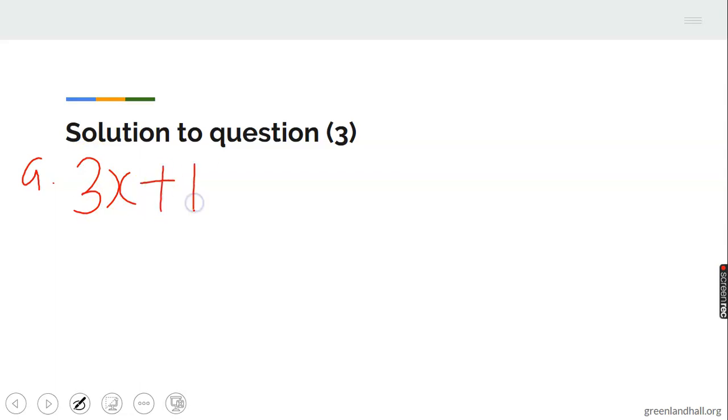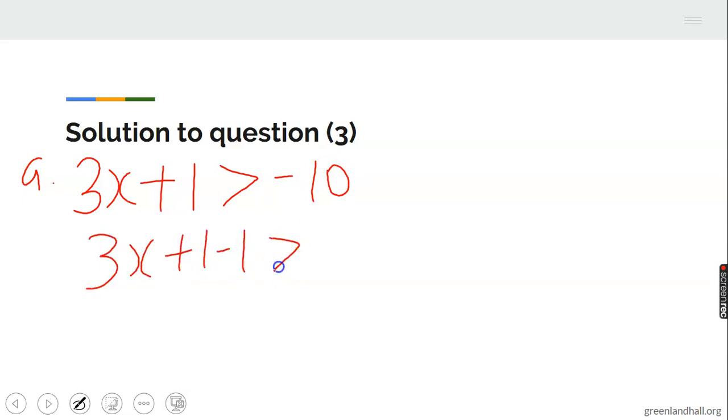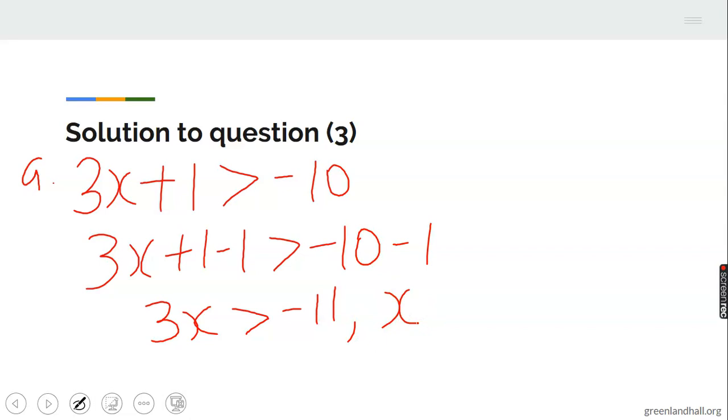Now what do you do? You subtract 1 from both sides, and that will give you 3x is greater than minus 11. That means x, you divide through by 3, that means x is greater than minus 11 over 3.